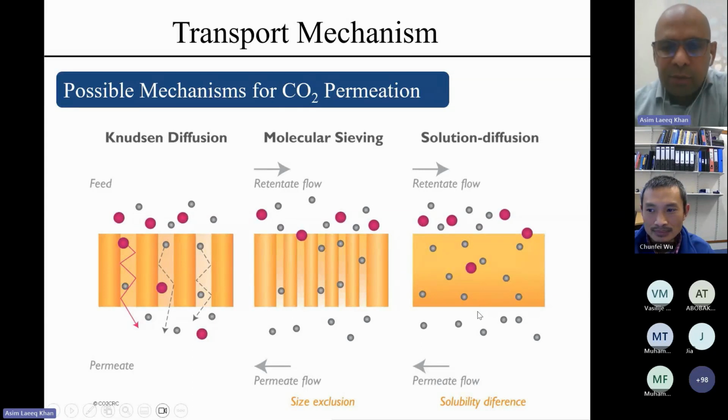And then on the downstream side, they are desorbed, because generally we have a pressure difference or a driving force between the feed side and the permeate side.